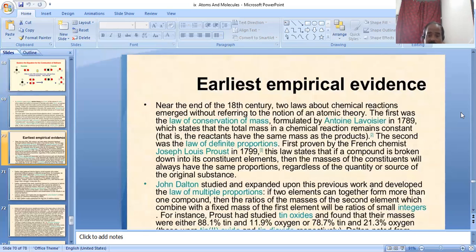This law was represented by Lavoisier in 1789. According to this law, in an experiment in a lab, suppose we burn some substance in the presence of oxygen, the second reactant.